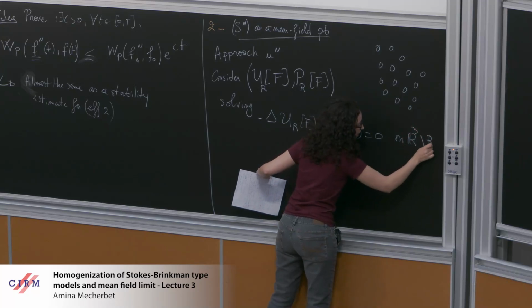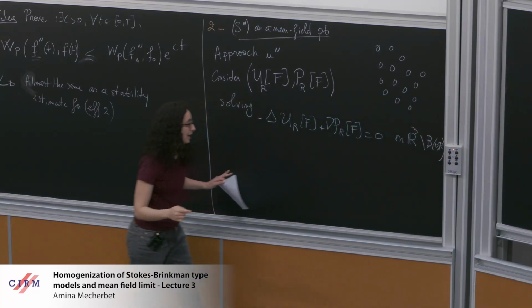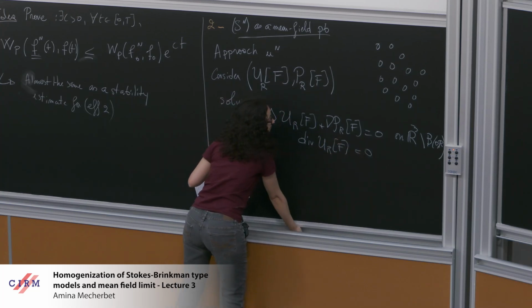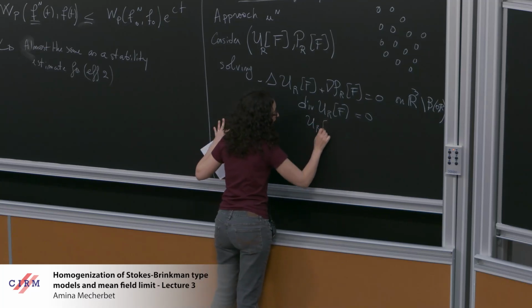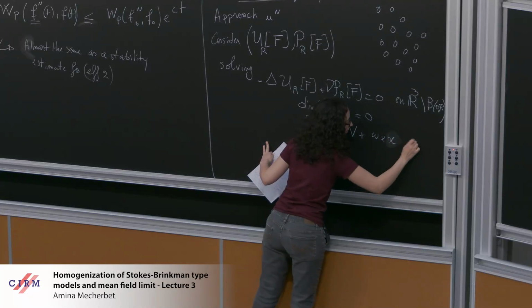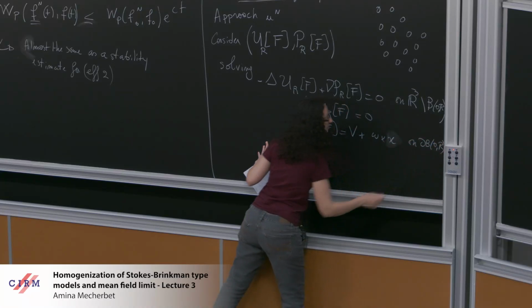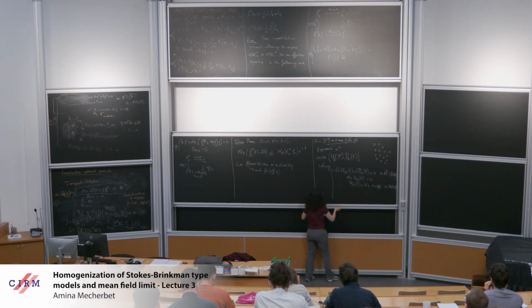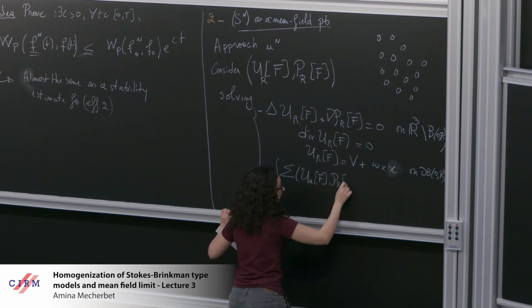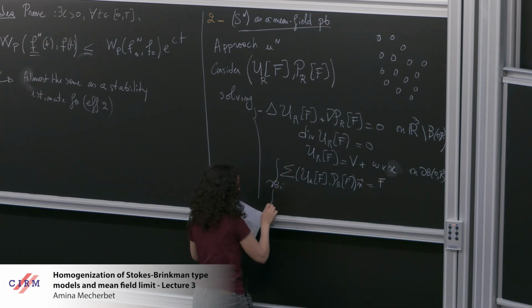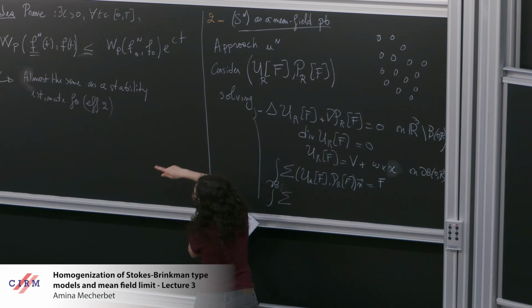So I forget about all the particles. I just put one particle with the same radius, and UR will be a rigid motion on the particle centered in 0 with the prescribed force and torque. The torque is vanishing anyway.